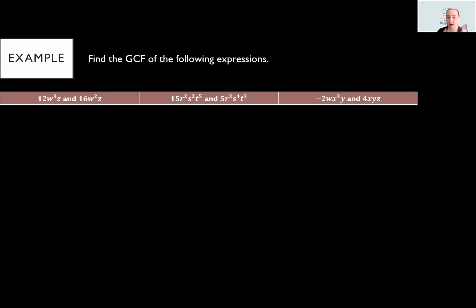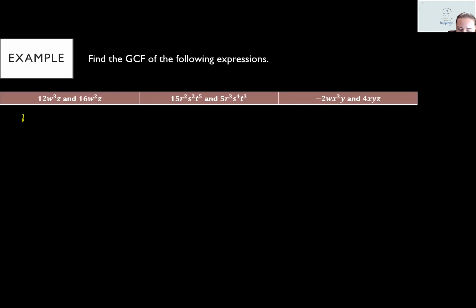I always start with the numbers first when I'm finding my GCF. So we're looking for the largest number that divides into 12 and divides into 16. You can do that mentally and get 4. So 4 is the largest number that divides into 12 and 16.